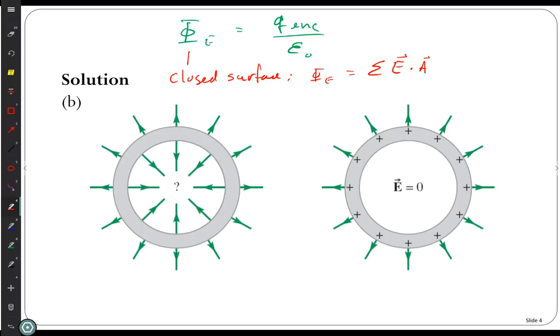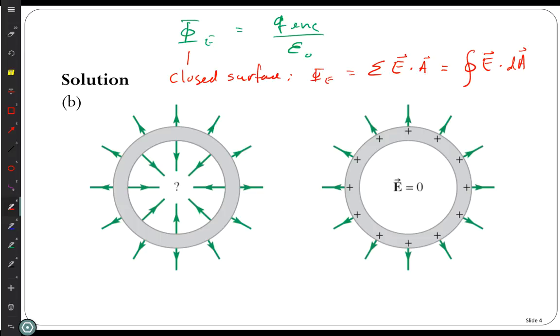And of course, if we were in calculus class, what is that summation going to become? Integral. So in calculus, we write an integral sign with a circle, which means it's over a closed surface, no holes. And then it's electric field dotted to dA. dA is the area for each little piece.